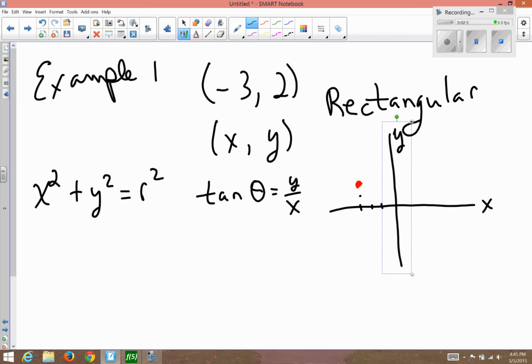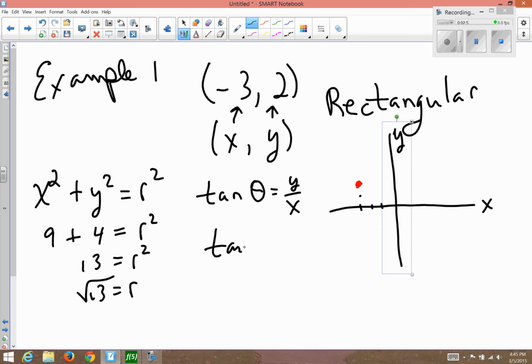So in this example, x squared is 9 and y squared is 4. So since 13 equals r squared, the square root of 13 equals r. The tangent of theta is y over x, so that's 2 over -3.